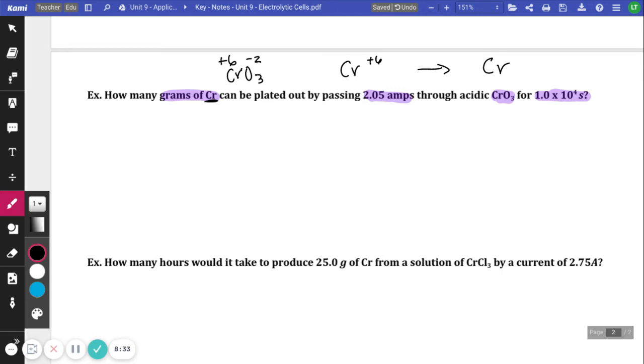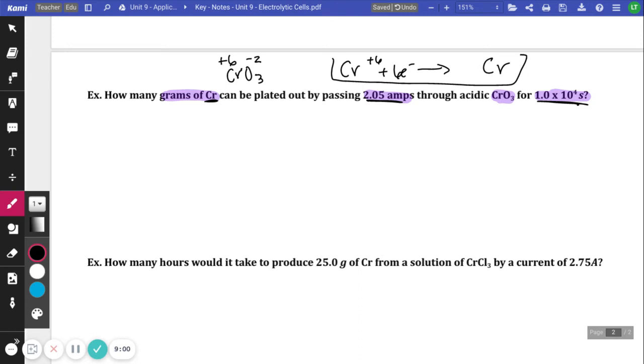That means it is gaining 6 electrons. To go from an oxidation number of +6 to 0, 6 electrons must be gained, and this would be our reaction. We need that right there. We are passing 2.05 amps through that for 1 times 10 to the 4th seconds.